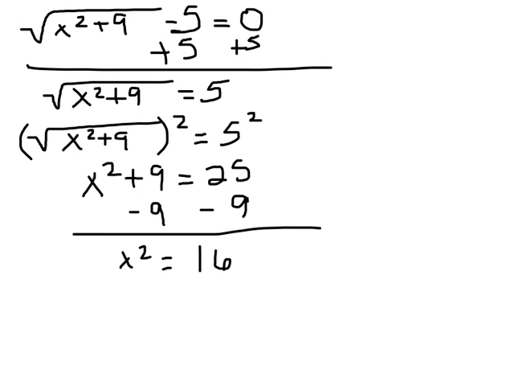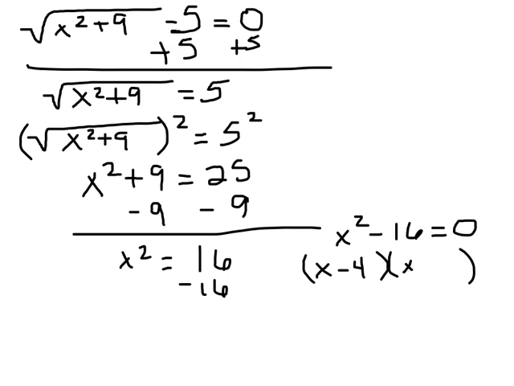And if we factor this, we can move this 16 back over here and do x squared minus 16 equals 0. Again, something you've learned to do before. We can factor this: x minus 4, x plus 4, because x squared minus 16 is a difference of squares.